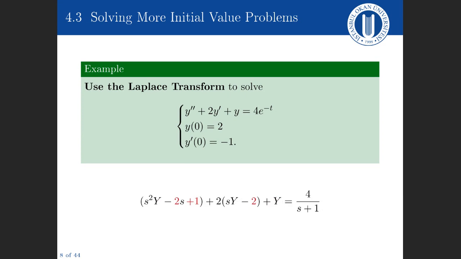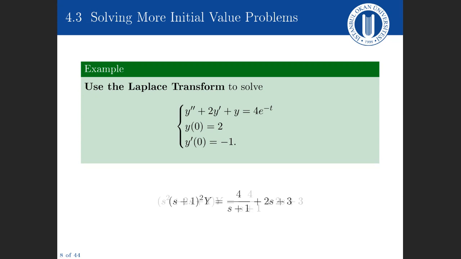On the left side, we need to put all of the y terms together. I want to take the minus 2s plus 1 minus 4 to the right-hand side, and I want to factorize s squared plus 2s plus 1. So take this to the right, it becomes 2s plus 3.